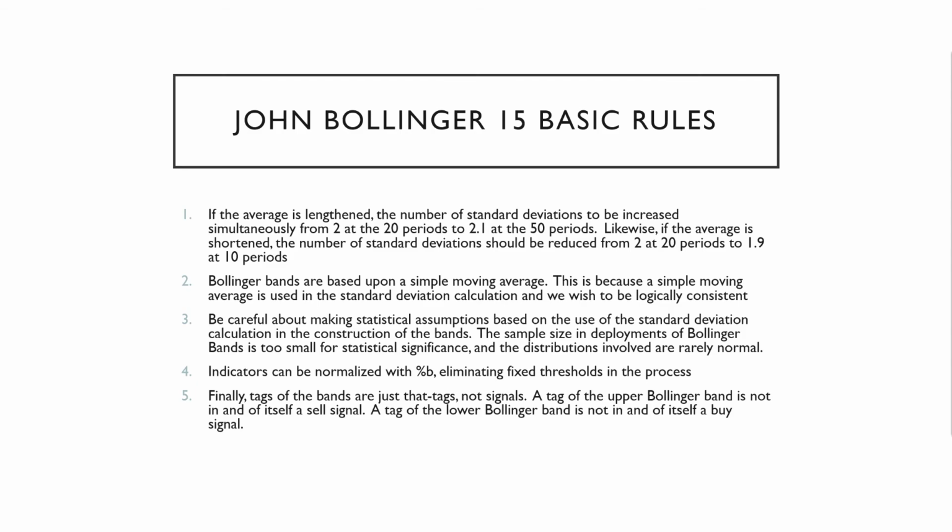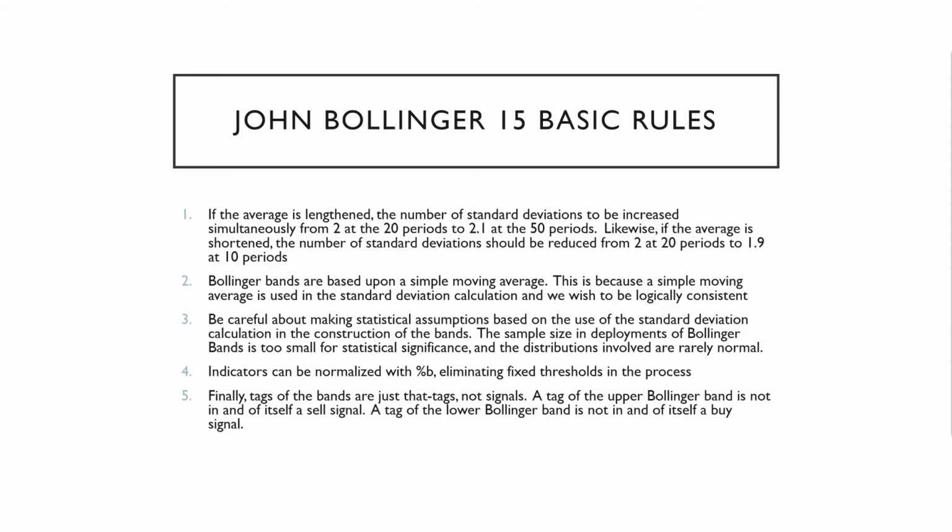So you just want to tweak your deviations along with whatever average you choose to use as a simple moving average for your middle Bollinger Band. I know a lot of short-term traders use a 10-period moving average because that's what they use as their short-term average. So they tweak their standard deviations down to 1.9 or 1.8. It just depends on what market you're trading and what signals you're looking for.